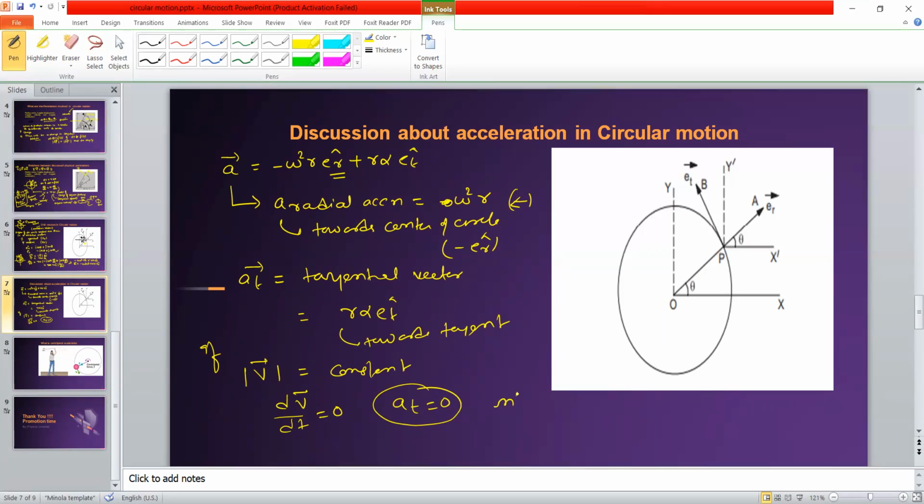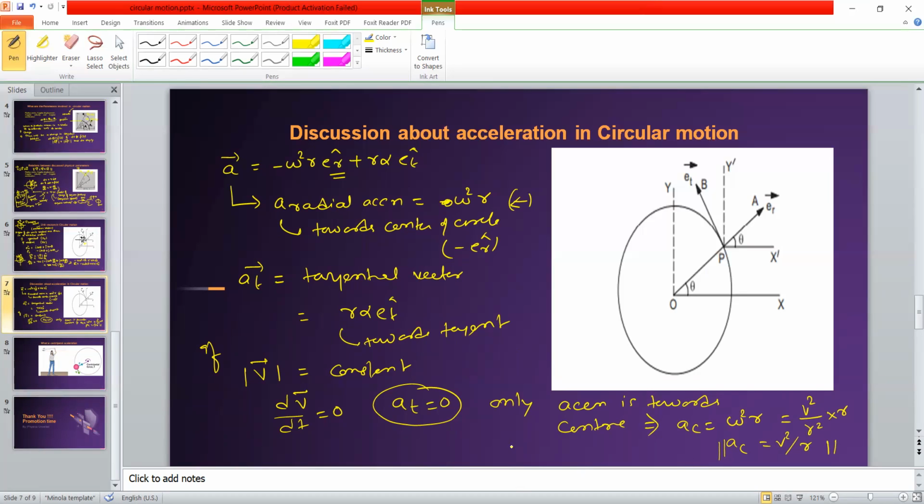So the only acceleration is towards the center, that is AC, and AC is omega square r, or v square by r.